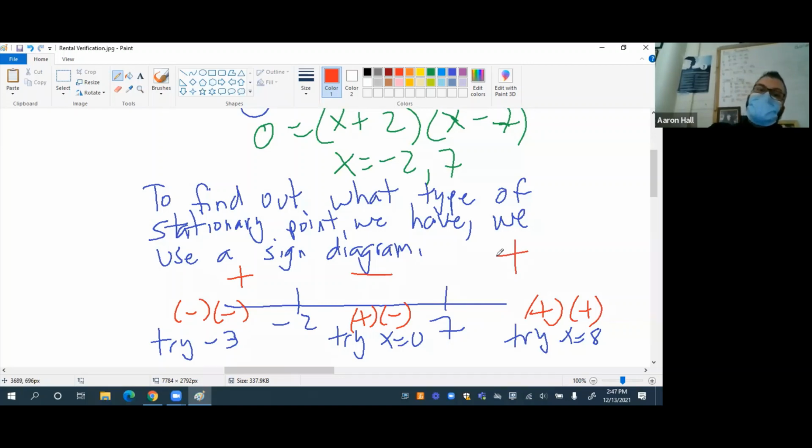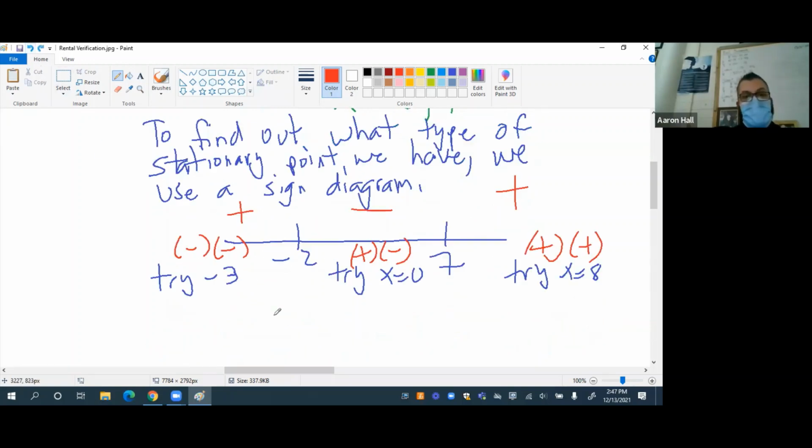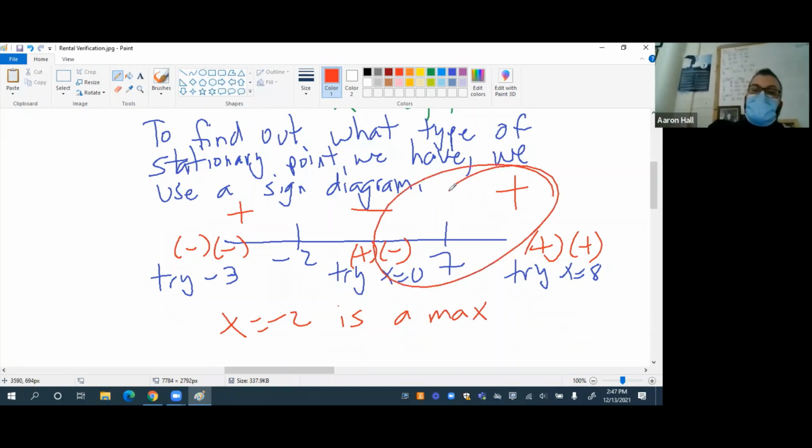What does that say is happening when x is -2? That's a maximum. We have a positive slope, followed by a negative slope. That means that's a maximum point. So x equals -2 is a max. What's happening when x is 7?